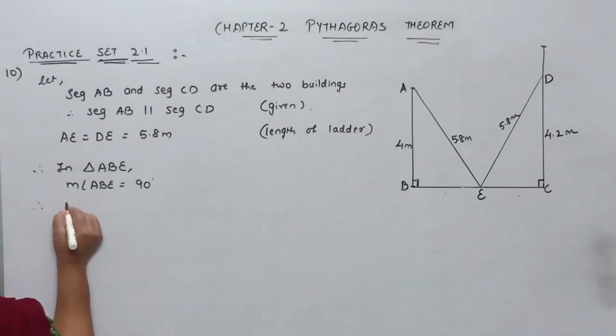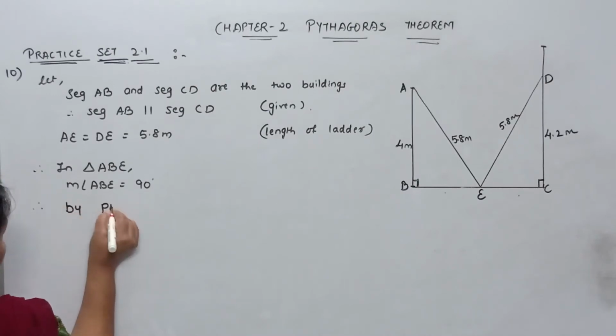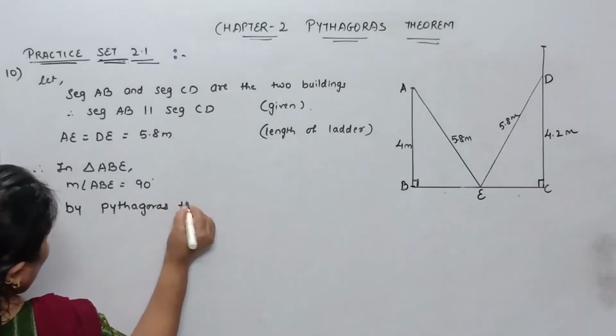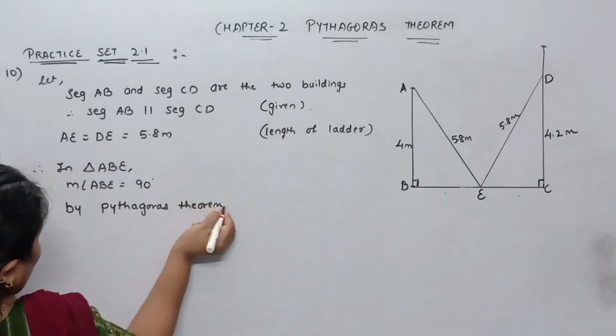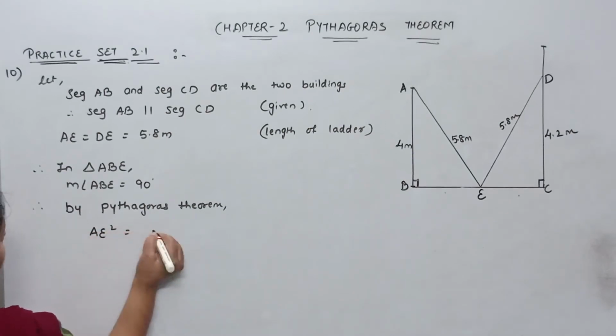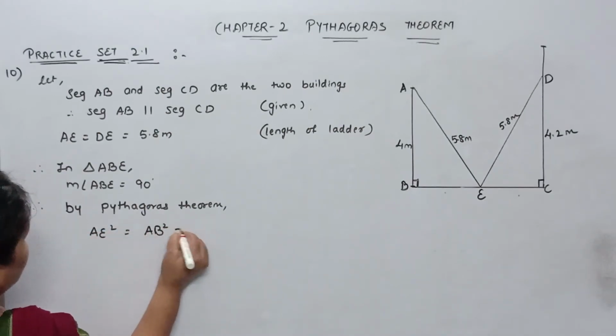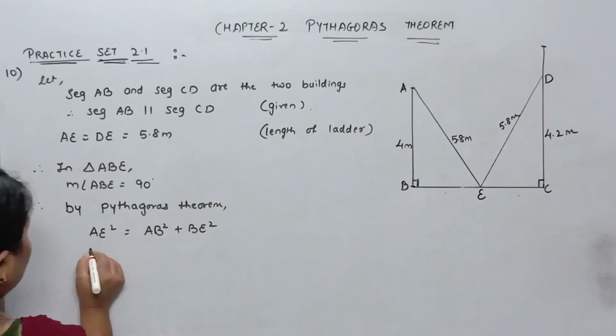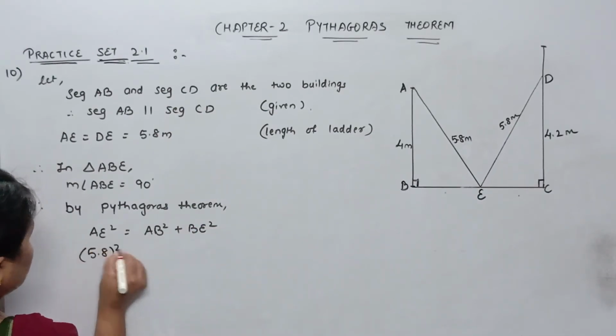Therefore, by Pythagoras theorem, AE square is equal to AB square plus BE square. Now what is AE? It is 5.8 the whole square.